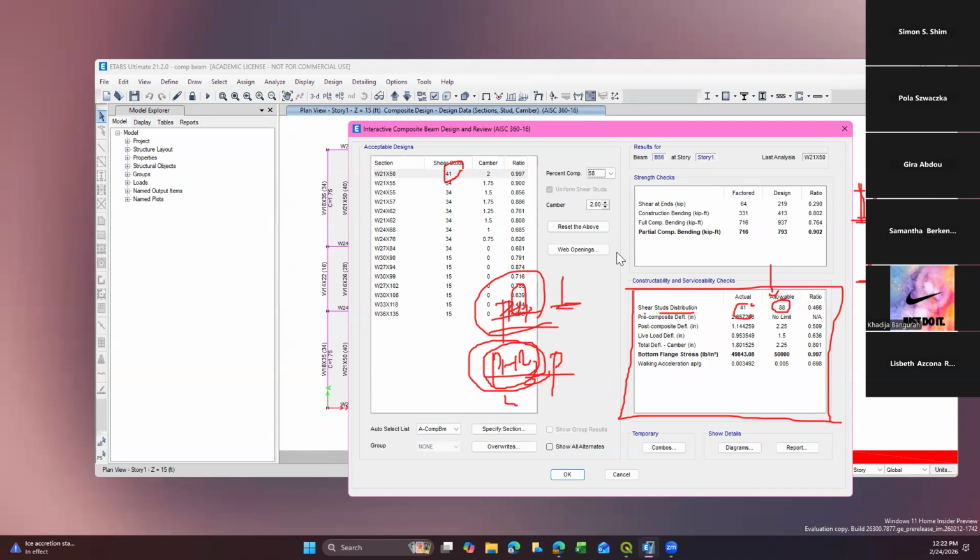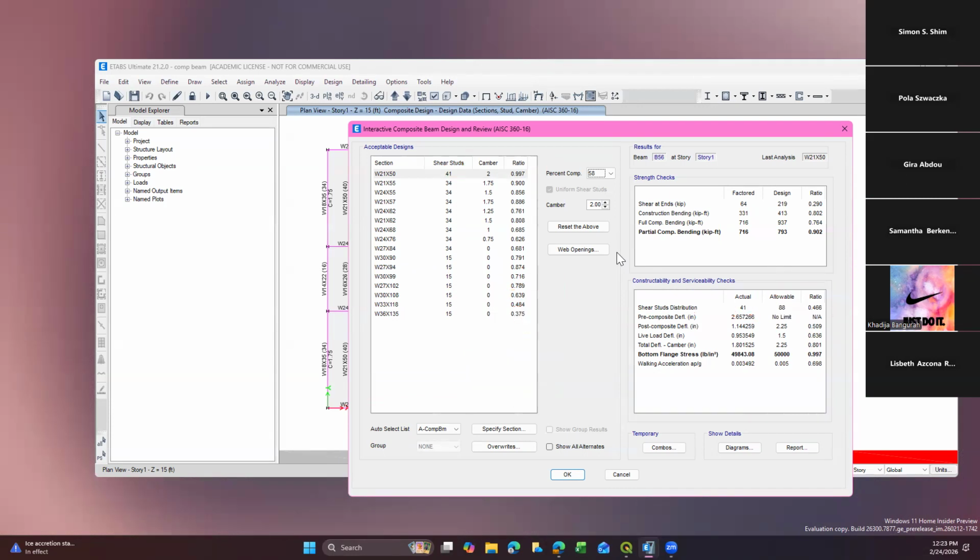Now pre-composite deflection. As we name it, pre-composite deflection means the steel beam deflection due to the dead load, the concrete weight: how much the bare steel can deflect. They calculated 2.65, right? This is the initial calculation.